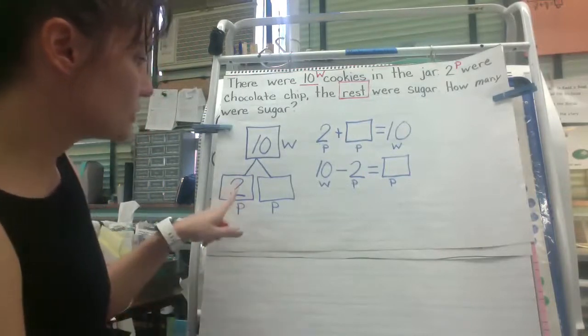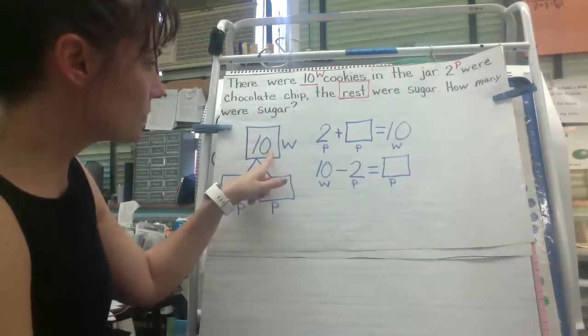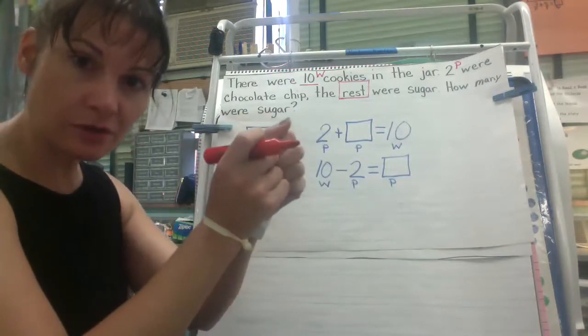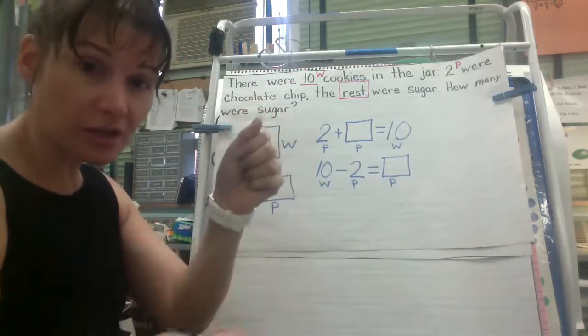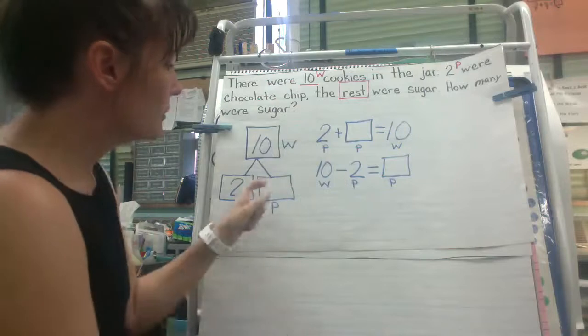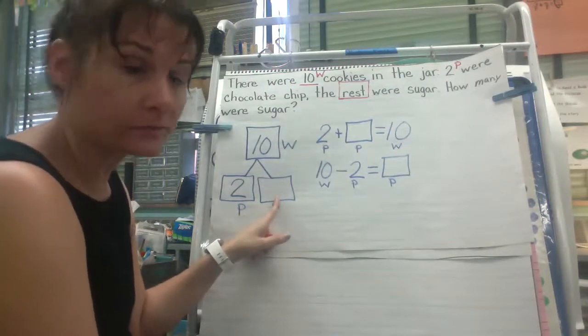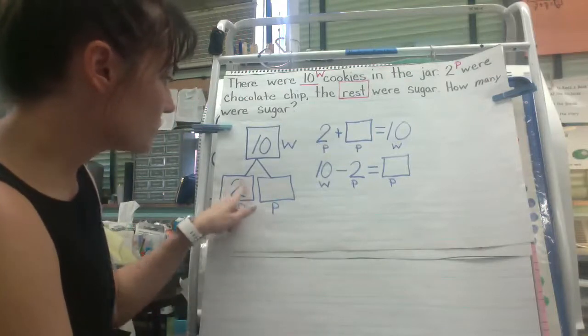If I had 2, but I know that there are 10 total, so 10 total, 2 of them are chocolate chip. The rest are sugar. So I can use my counting on strategy to help me. Here's 2.